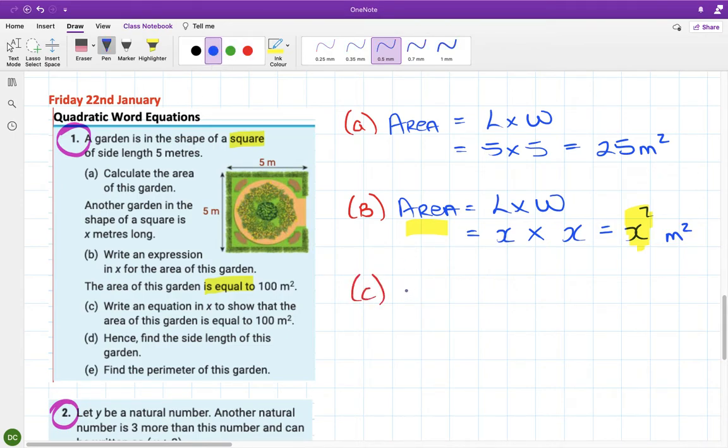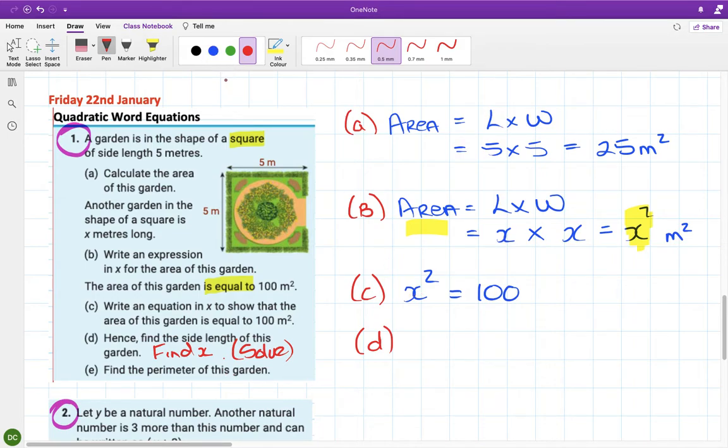We take our x squared, which is our expression for the area, and we let it equal 100, which is what the area actually is. Part D says, hence find the side length of the garden. What that essentially says is find x, and find x is solve. So they want us to solve this.